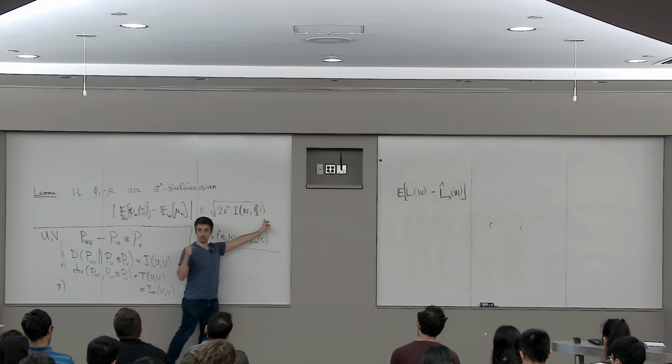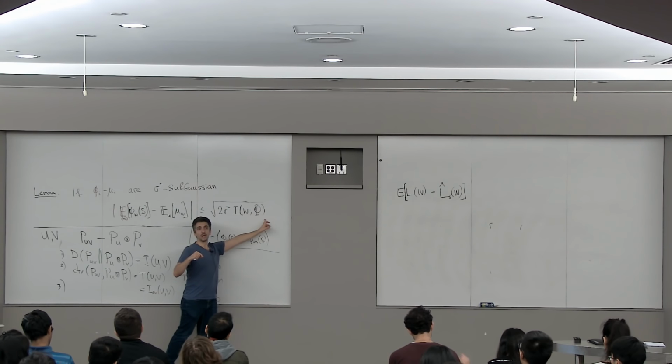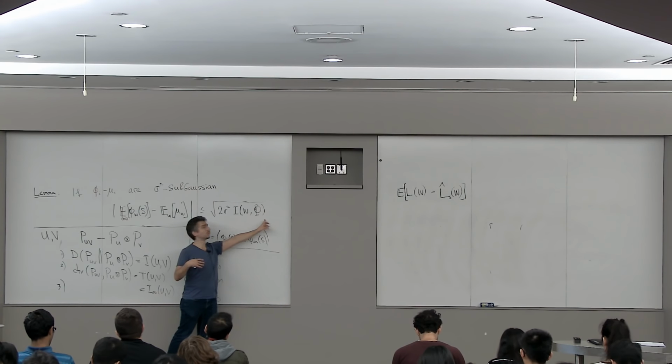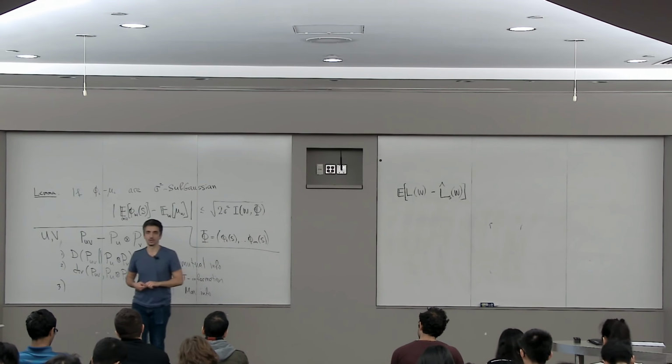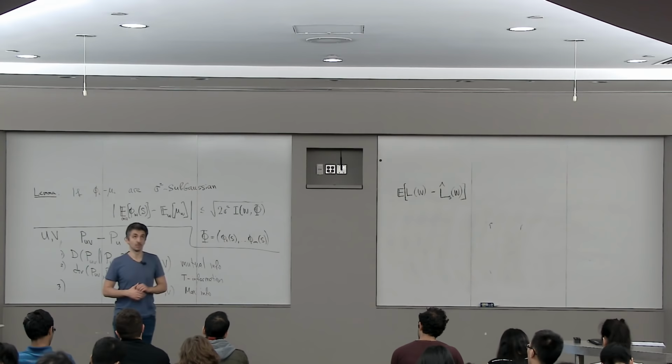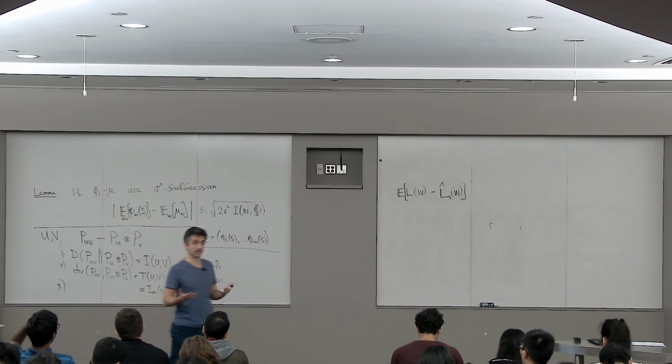So what Sam said is that you recover our log cardinality result, which I mentioned many times, right? If you've got a finite set, then the maximum grows as the square root of 2 sigma squared times log the cardinality.